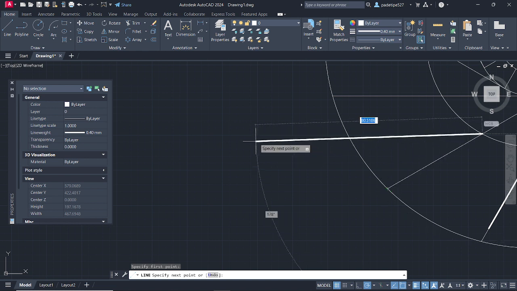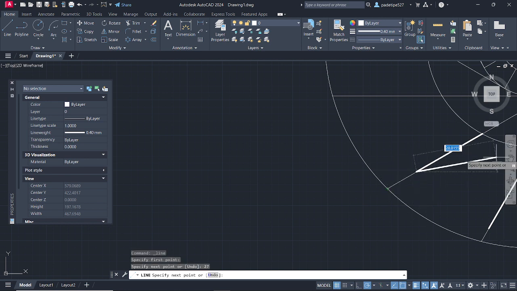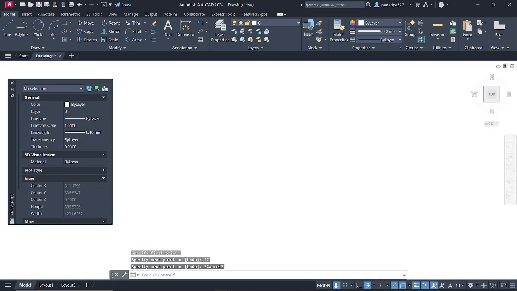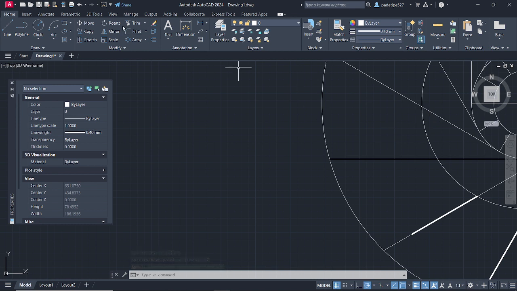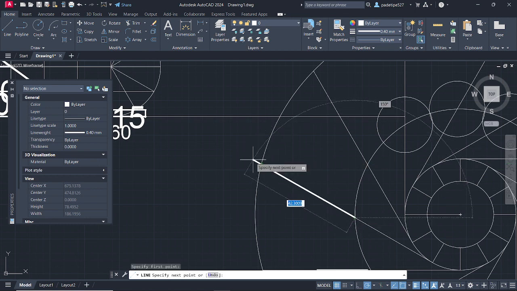The angle here is 179, 180 is just shifting. So here we have 27, 18, and 9.